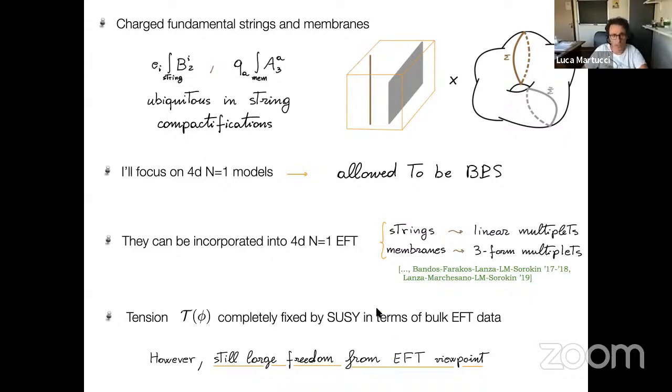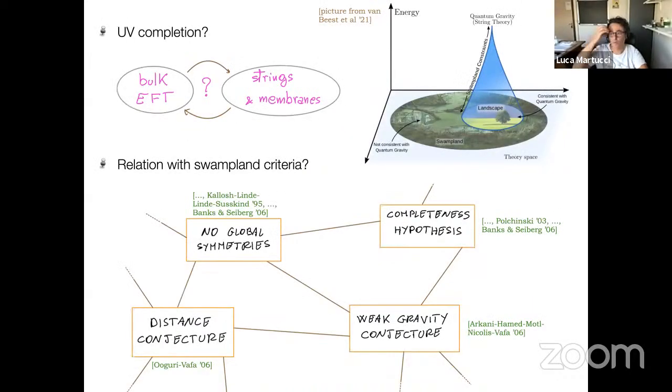And then a natural question to ask, at least in the swampland context, is whether there is any general criterion which allows to characterize the inclusion of these objects into the landscape of effective field theories which admit a UV completion to string theory.